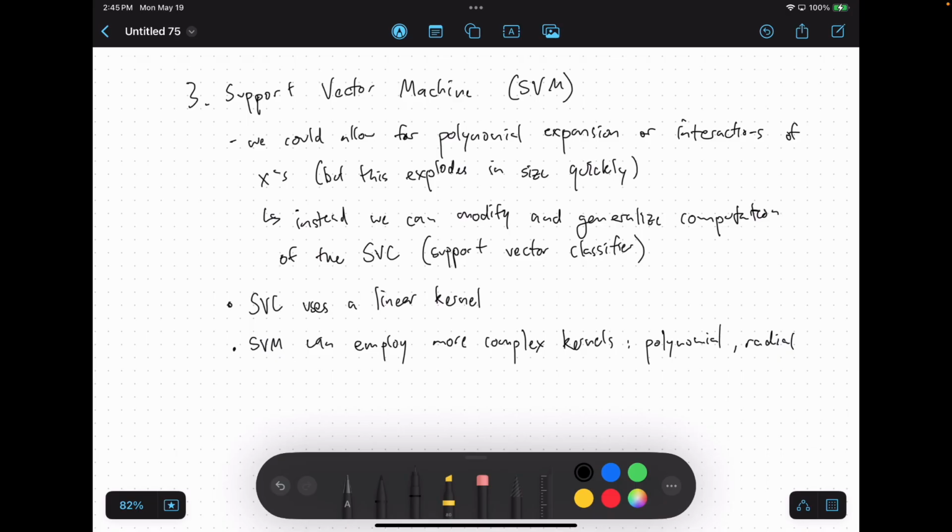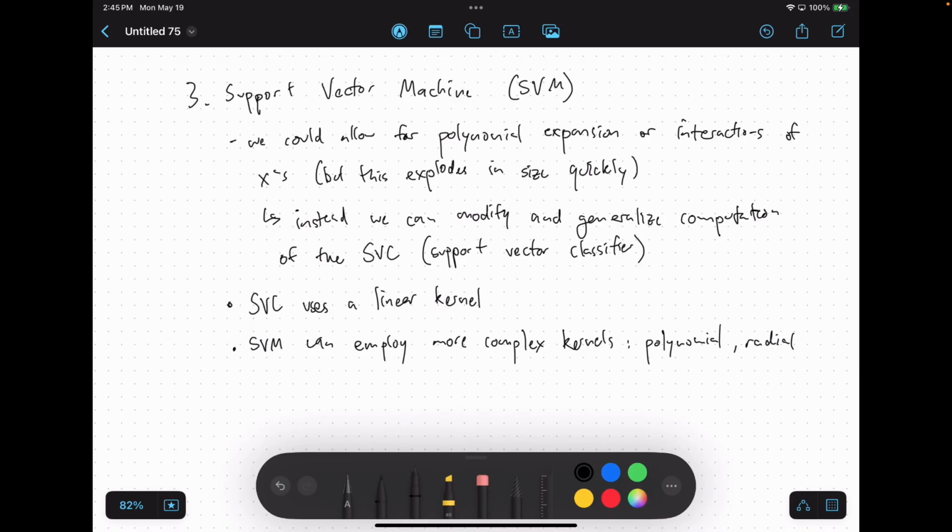The common kernels they use are different from the ones we talked about, like the box kernel and the Gaussian kernel. These use polynomial and radial kernels. We don't need to get into the details of exactly how that works, but it's essentially doing local regressions to allow our classifier to be curved.